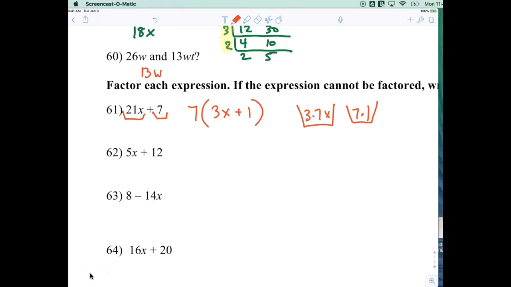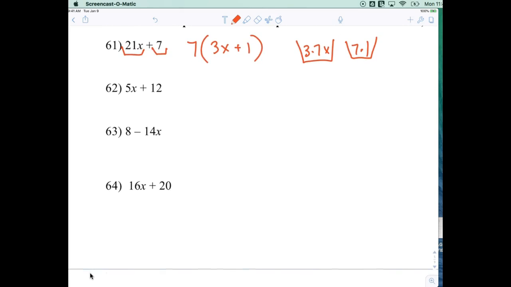All right. So now let's check out 62. Is there anything common in the buckets? No. So here we say this is prime. There's nothing common. Nothing goes into 5 and 12. What did you think of? Go ahead, tell me. So you could do x. x is not in the second bucket. Okay, so now let's look at 63.